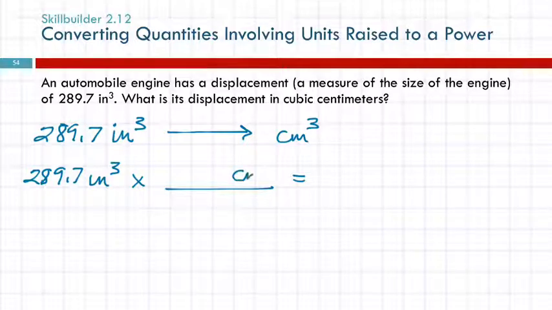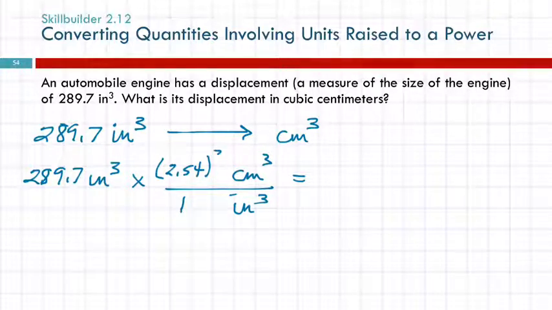So I want cubic centimeters up here, and I want cubic inches down there. I'm going to put the numbers in. It's 2.54 centimeters to 1 inch, but because the unit is cubed, I also need to cube the numbers. Okay?